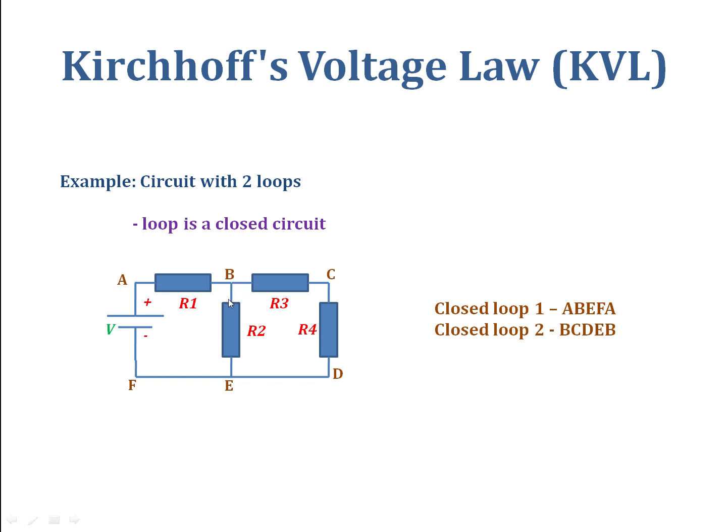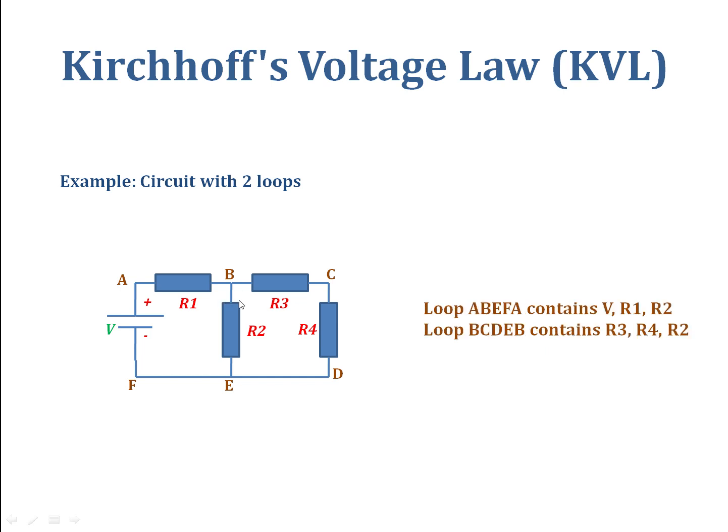So this circuit has got two basic loops. In these loops Kirchhoff's voltage law can be applied. Loop 1, that is the loop A, B, E, F, A, contains circuit elements V, resistances R1 and R2. And similarly, loop 2 contains resistors R2, R3 and R4.